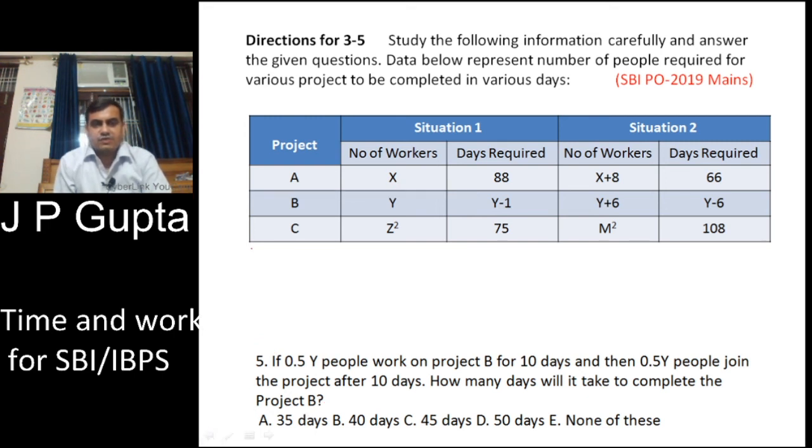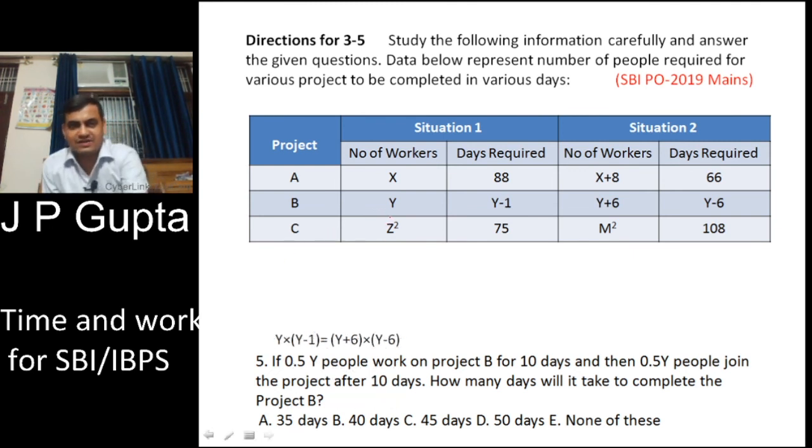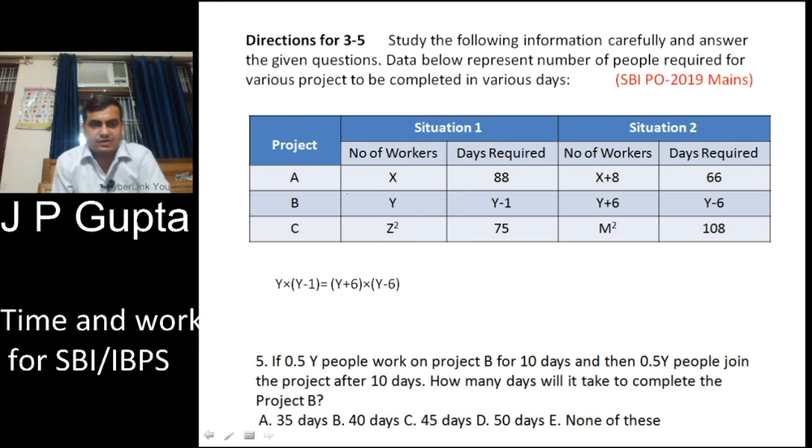Now, I hope that all of you are comfortable with what to do, and as you rightly observe, this Y into Y minus 1 will be equal to the second scenario, situation 2, Y plus 6 into this one.